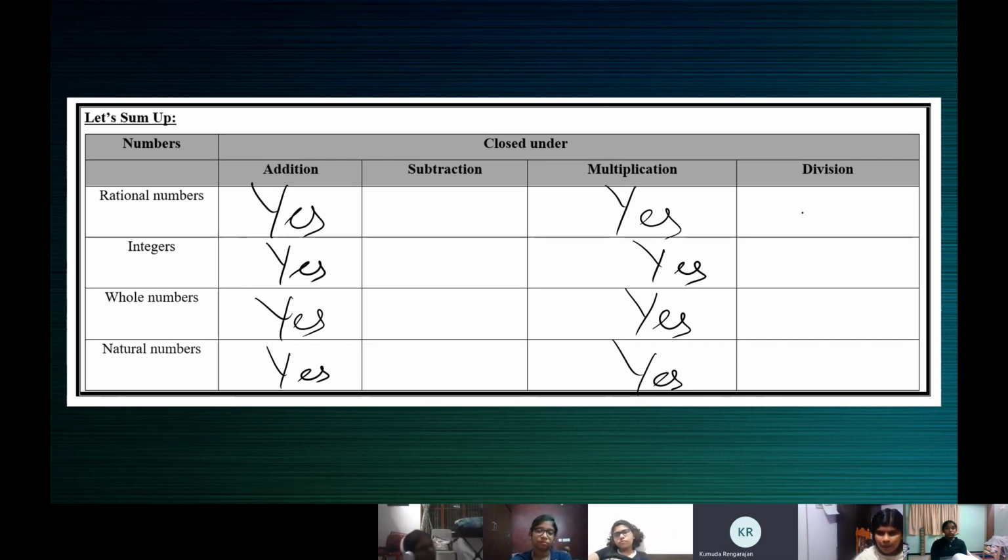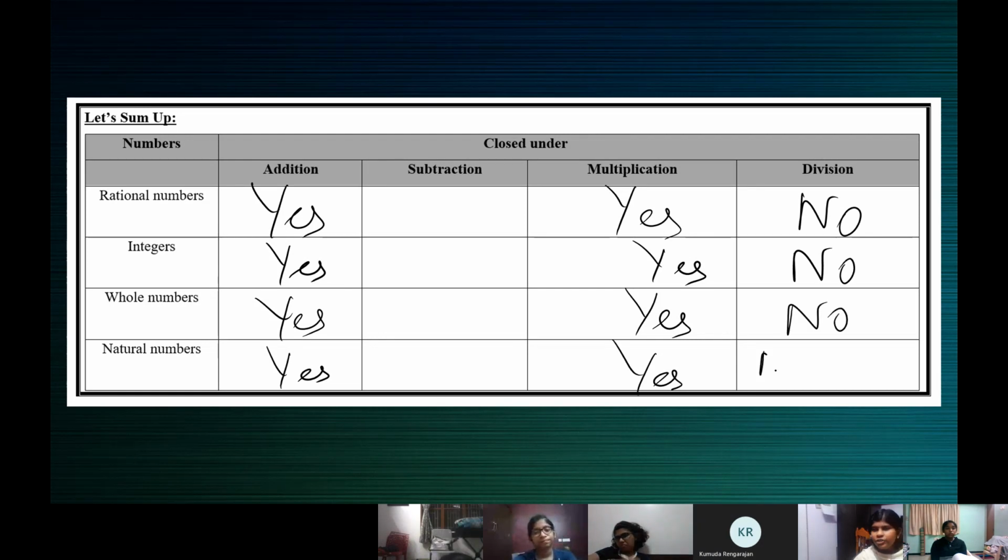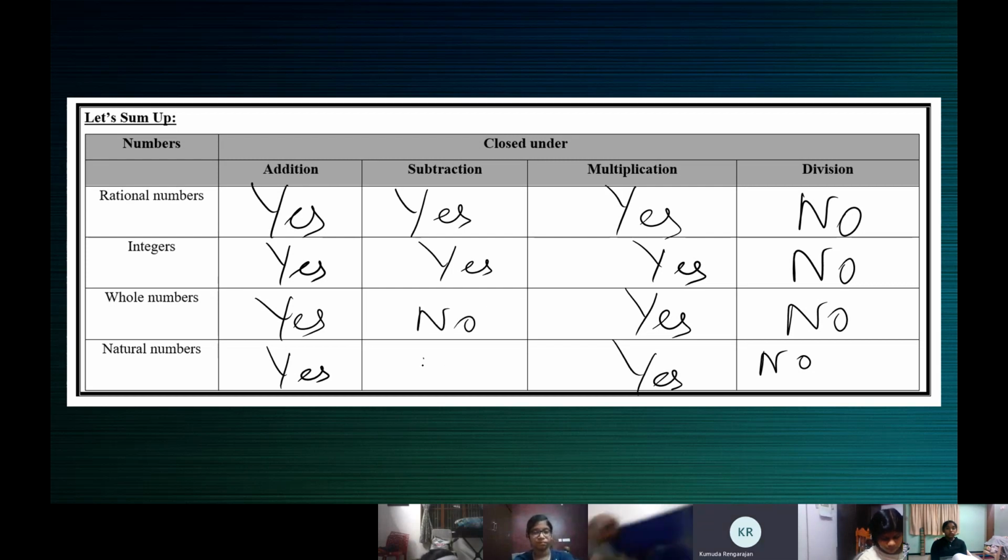Addition, multiplication, yes. Subtraction, division, no, in all the 3 tables, but in closure, subtraction alone works for rational numbers and integers, but not for whole numbers and natural numbers.